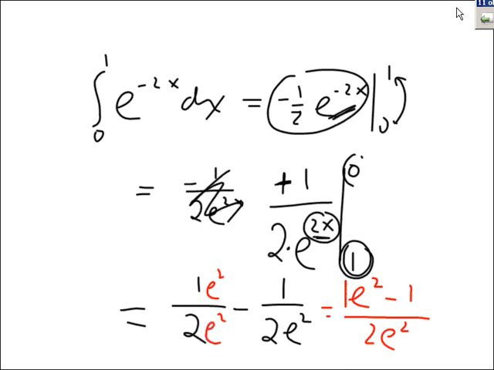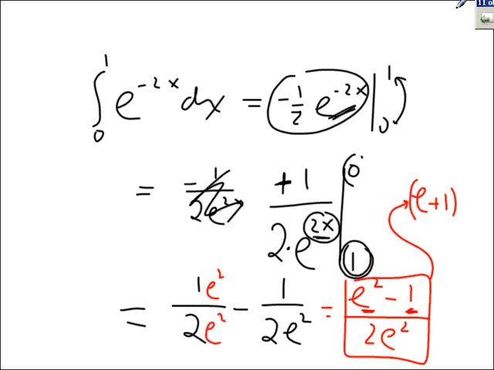And if you wanted to, you can even factor that. The difference of squares. e is being squared, and 1 is being squared. So it's e plus 1 times e minus 1 over 2e squared. Either one of those would be, in my opinion, a complete answer.